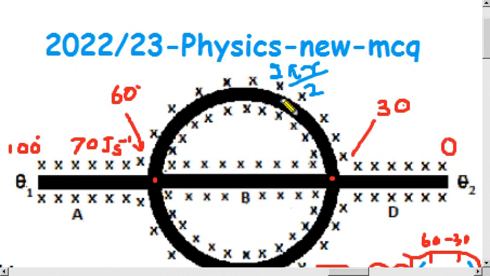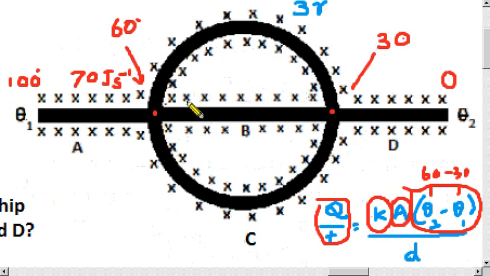So 2 to cancel, pi r. Normally we take pi as 3, no? Then 3 times r. Pi r means 3r. What is the length of this one? R, the diameter, 2 times radius. So 2r. This one is 2r. This one 2r. So this one also again 3r as the above one, 3r.